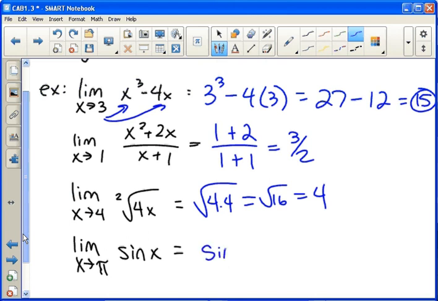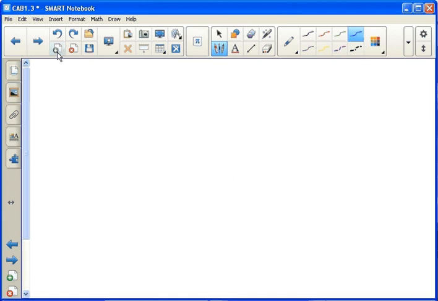Now we're going to learn in the next video some more complicated analytical methods, but this one is the most straightforward, and this is the one you should always try to use. Just to give you an idea of what's coming next though, the problem comes when you have something like this. You might be asked to find the limit as x approaches 2 of x squared minus 4 over x minus 2.